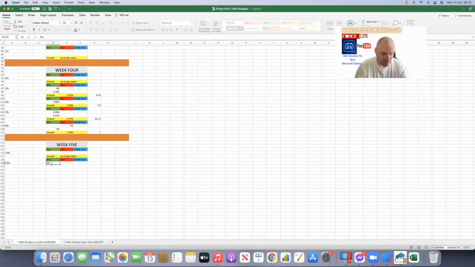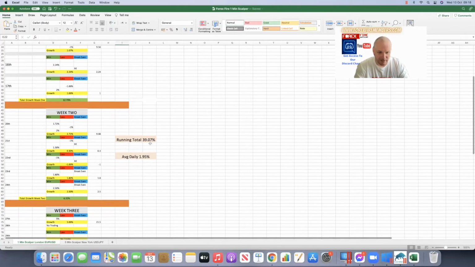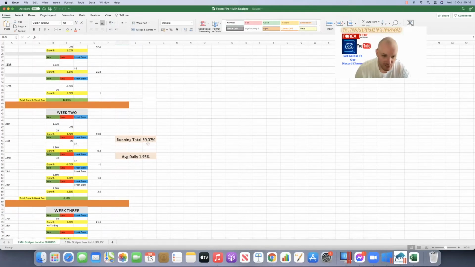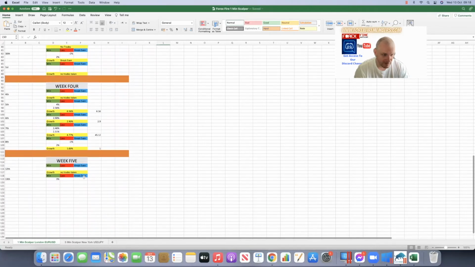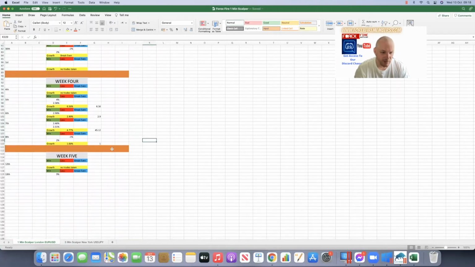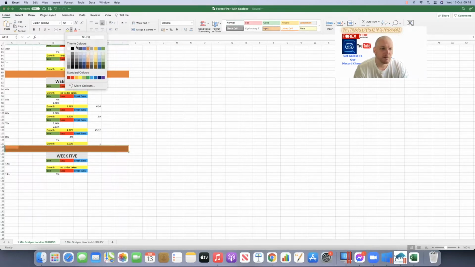If we add it onto this, that's a 4-week running total. What I'm going to do is make this a new color. Will it allow me? Let's take a look.